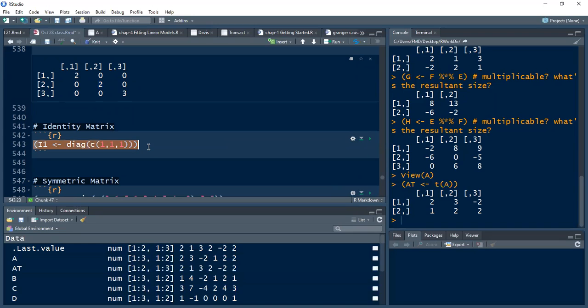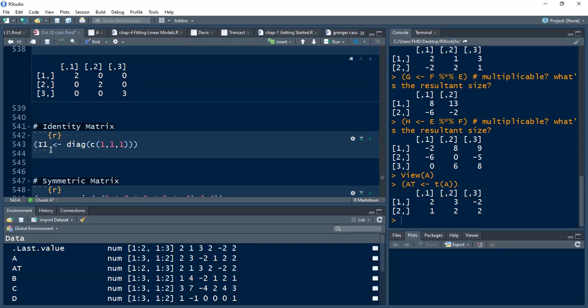All right. So an identity matrix, we know that an identity matrix is a matrix where all the diagonals are 1 and the rest are 0. So if you take a look at this one, I1.